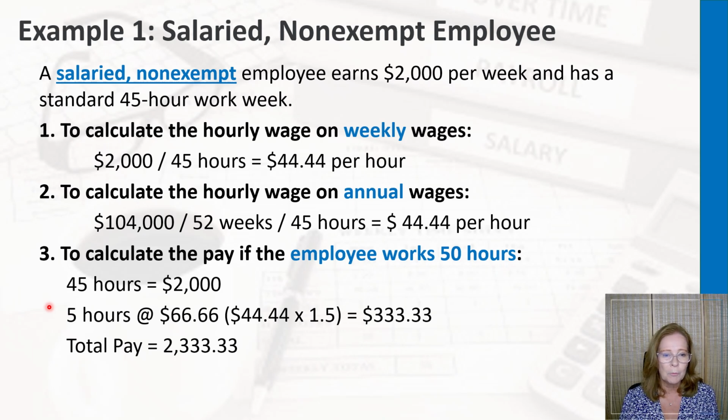This employee worked 5 hours overtime, and to get the overtime pay, we multiply the 5 hours by $66.66, which is the regular rate of $44.44 plus the overtime premium for a total overtime pay of $333.33. We add the overtime pay to the regular pay for a total gross wage of $2,333.33.